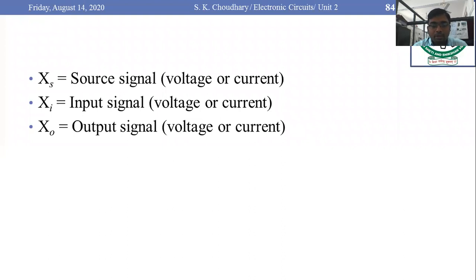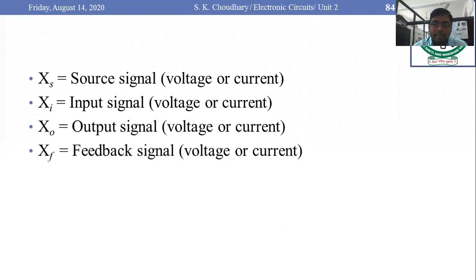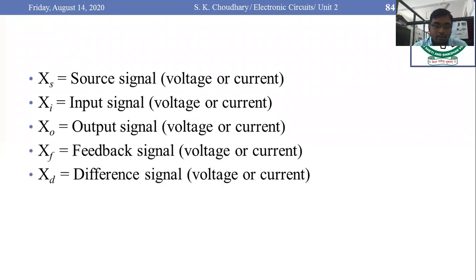It may also be a voltage or a current. Xf is the feedback signal. It is again a voltage or a current. Xd is the difference signal. Again, it is a voltage or a current. Beta is the feedback ratio. So these are the important variables that we will use for the further analysis.